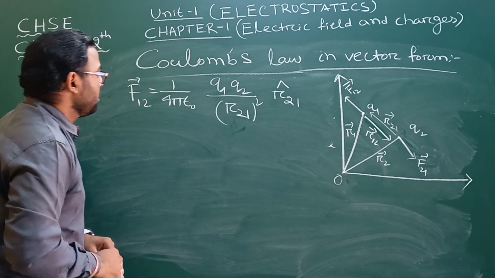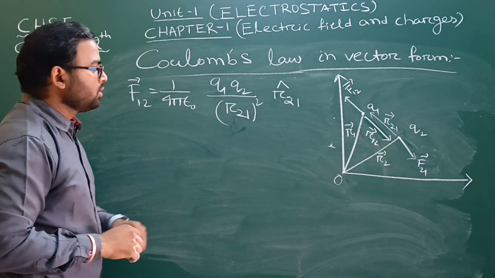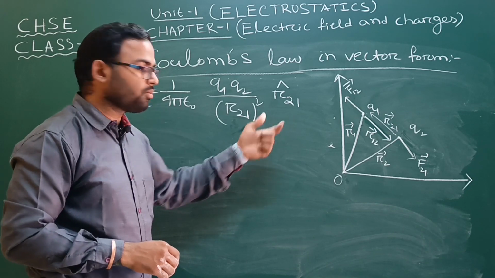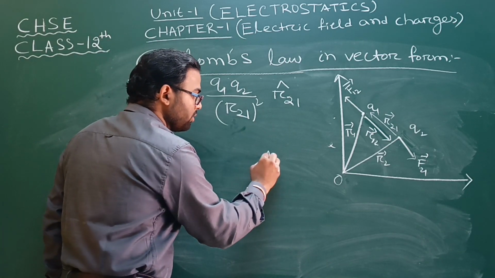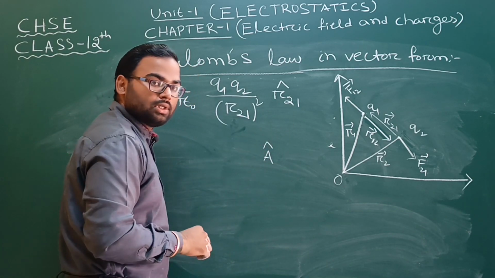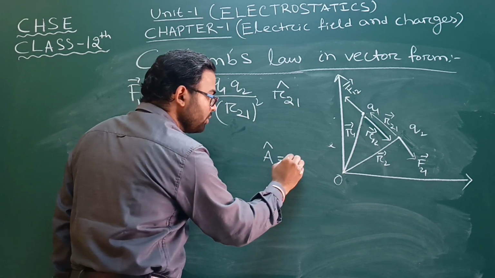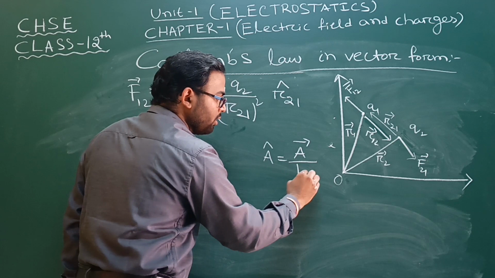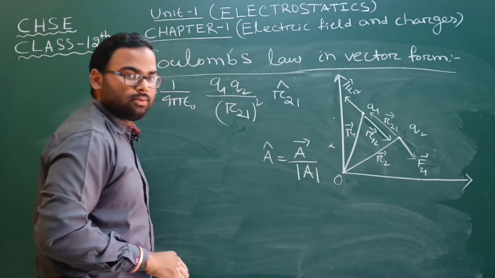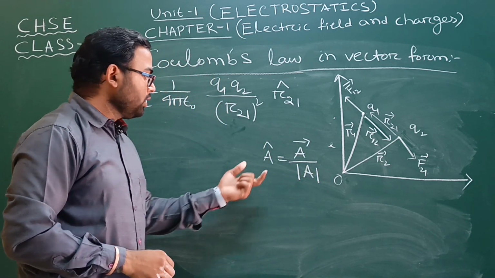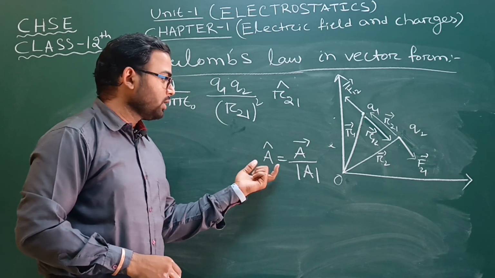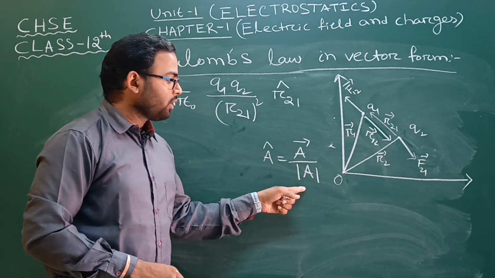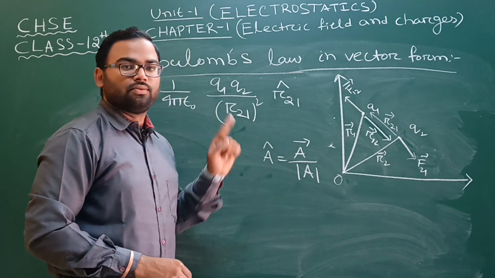Next we know what a unit vector is. How can we calculate it? If a cap is a unit vector, then its value will be a vector divided by the magnitude of a.